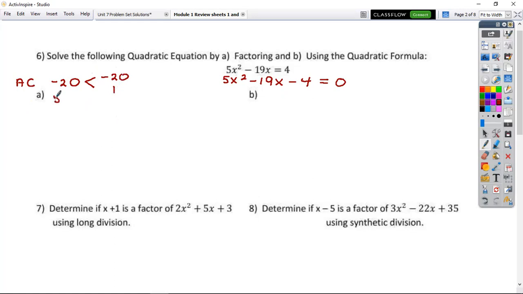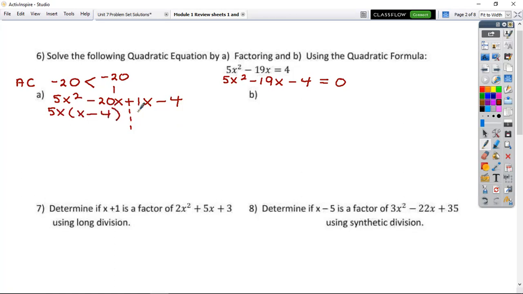So I'm going to have a 5x squared minus 20x plus 1x and minus 4. And again, you guys know what to do. So I'm going to split this right down the middle. And I'm going to factor by grouping. So I take out a 5x, and we are left with x minus 4.